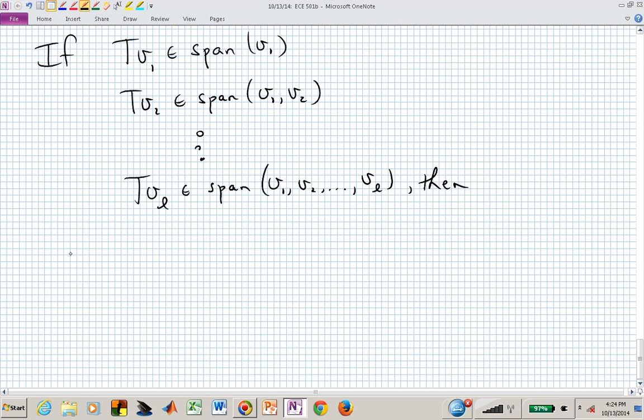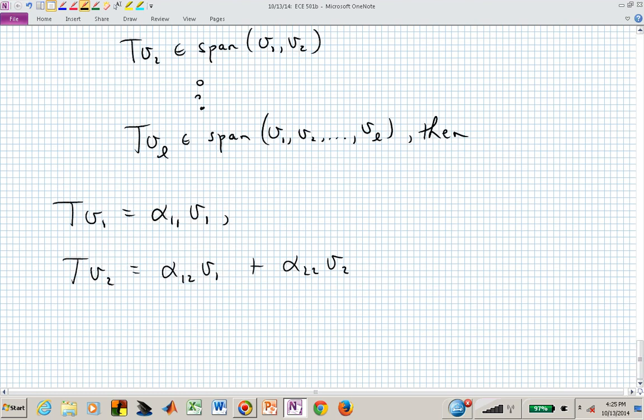Meaning, T v1 is alpha 1,1 v1. T v sub 2 is alpha 1,2 v1 plus alpha 2,2 v sub 2.